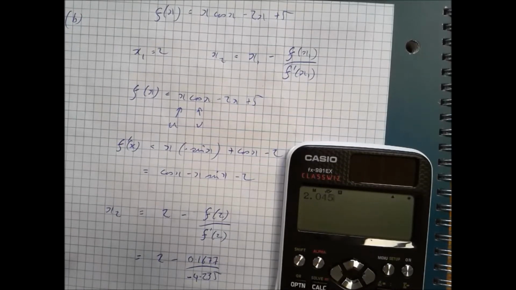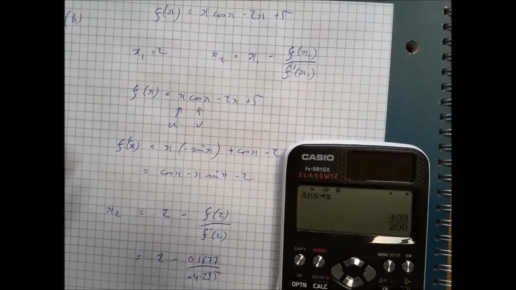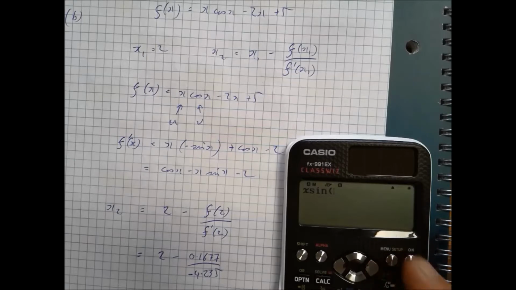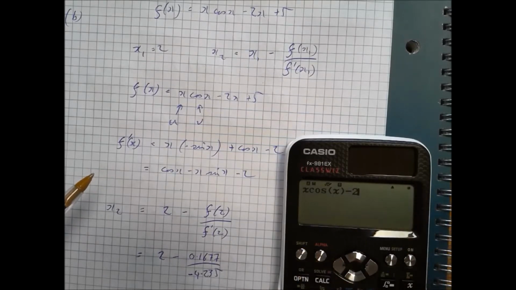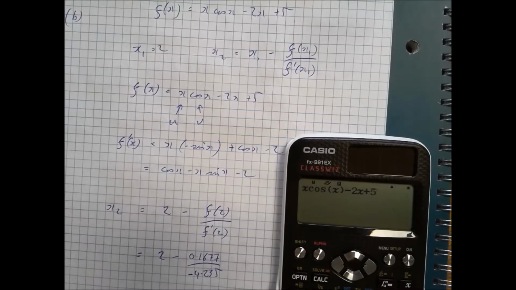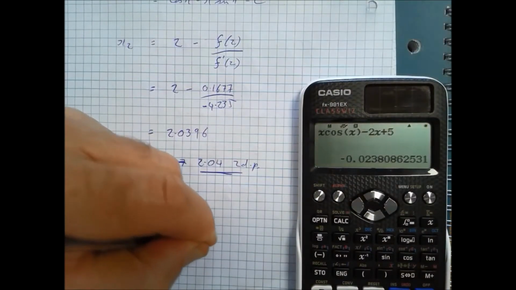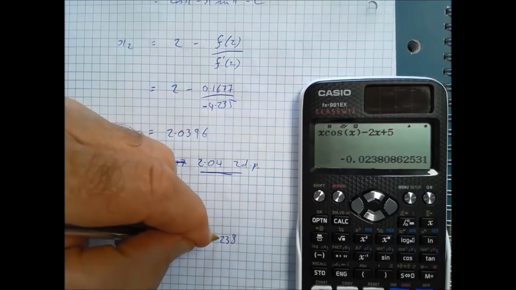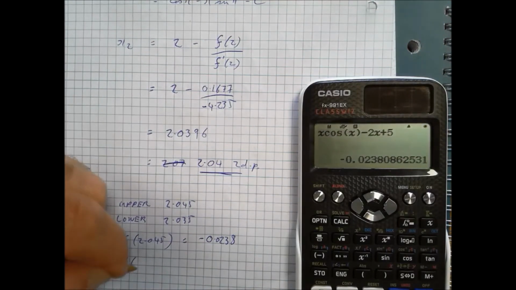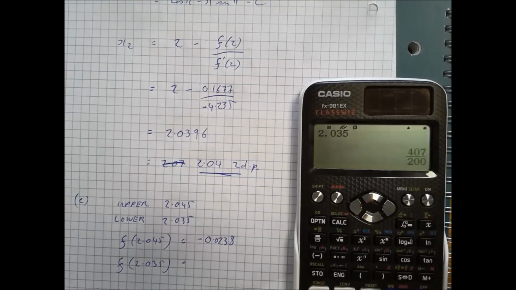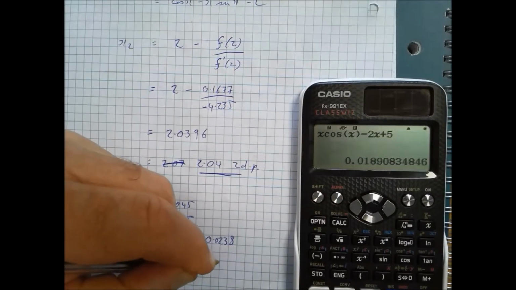I'm going to define that as x, and I've got my original function, which is x cos x minus 2x plus 5, and so 2.045 gives me minus 0.0238. f of 2.035, so 2.035 equals, store that now as x, run that back into the formula, and I get 0.0189.